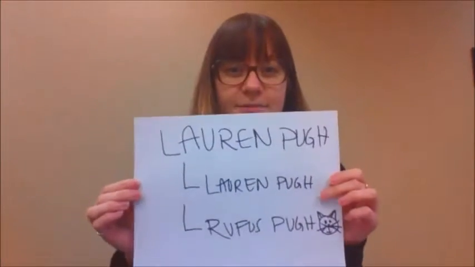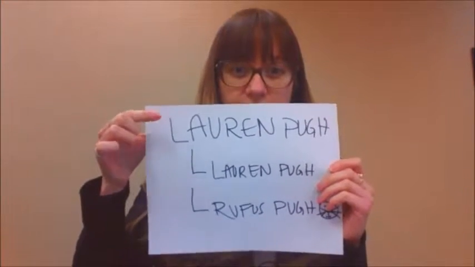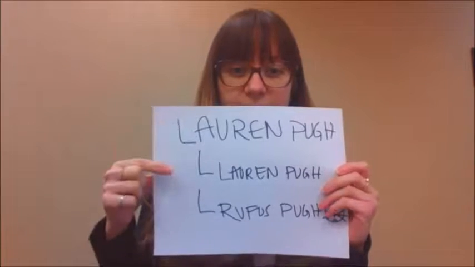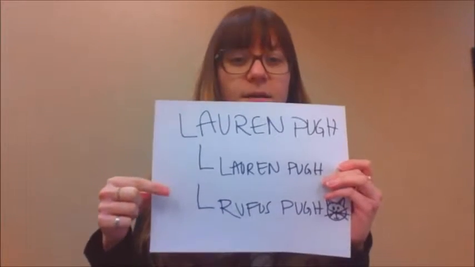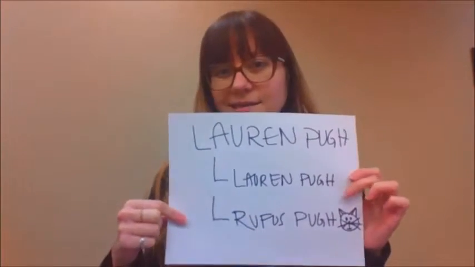But where this breaks down is that most of our business isn't B2B. Most of our business is B2C. So when we try to translate a B2C record into a B2B format, we have the duplication that you all are familiar with: Lauren Pugh as the account and Lauren Pugh as the contact. And then sometimes there's another contact like the mom or whatever, Rufus as my contact, he's my cat, whatever.